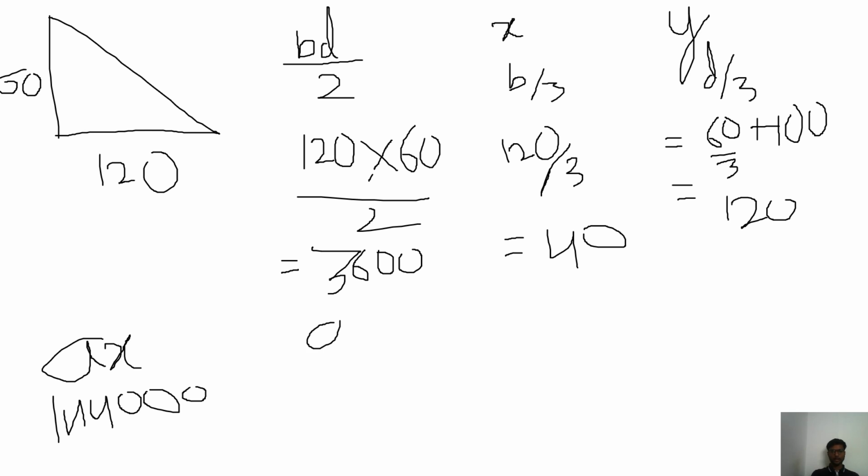Next, AY is equal to 3600 into 120. That is equal to 4,32,000.